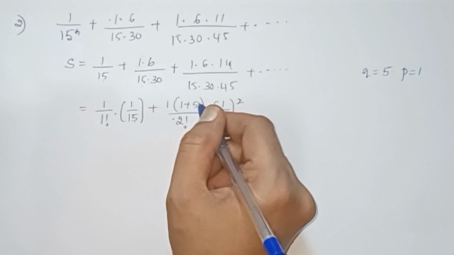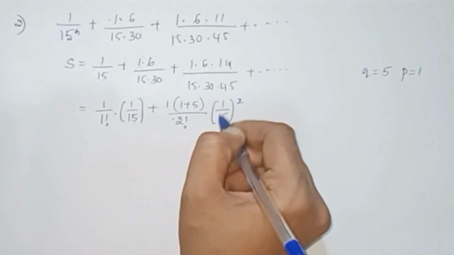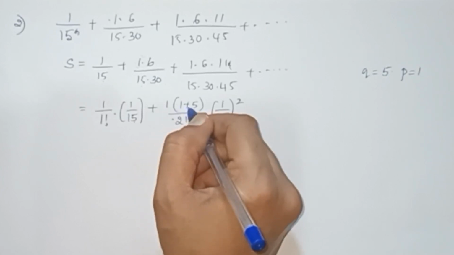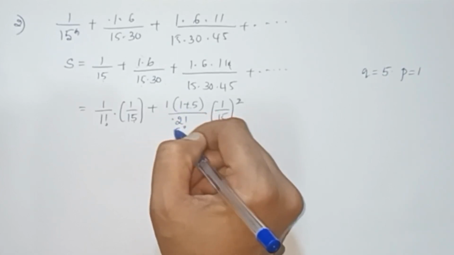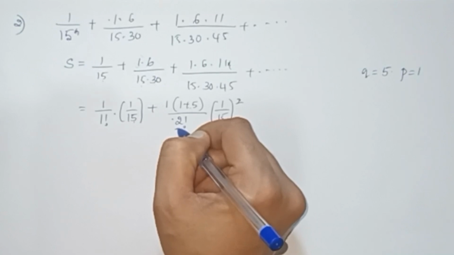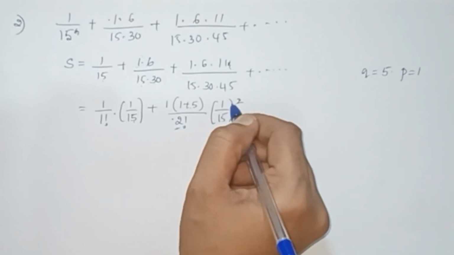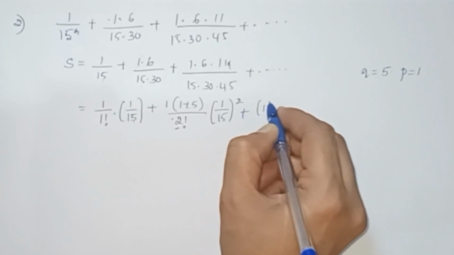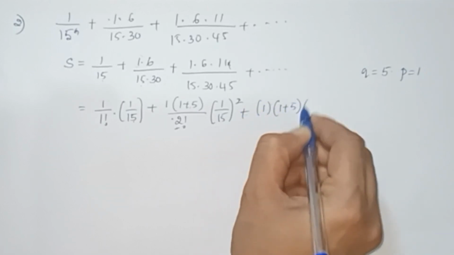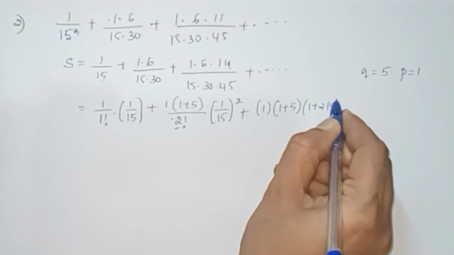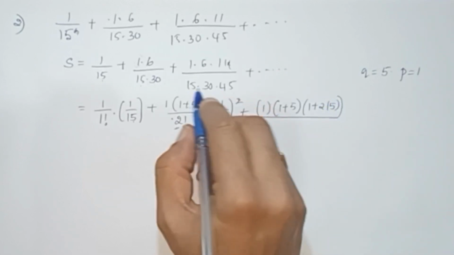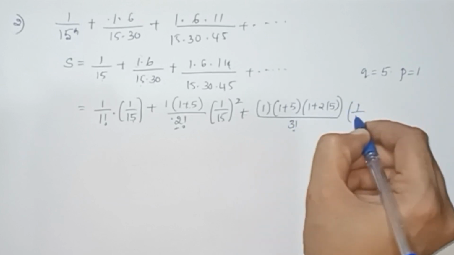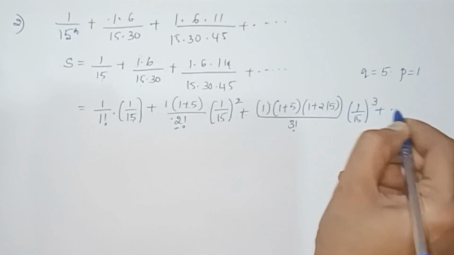So the index of x by q must be same as number of factors in the numerator as well as the factorial number in the denominator. It is 2 factorial, means power of x by q must be 2. Similarly, 1 into 1 plus 5 into 1 plus 2 into 5 divided by 3 factorial into 1 by 15 whole cube plus so on.